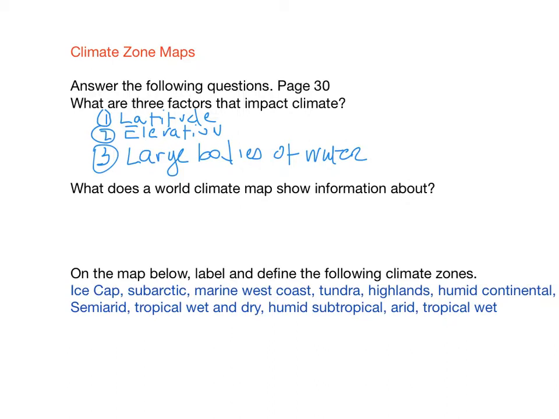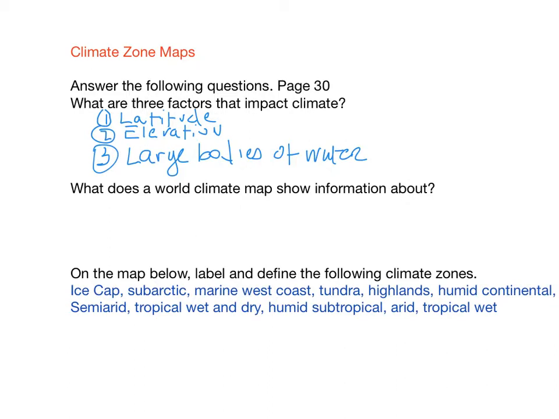Seattle gets rain over 150 days each year. We can also look at Italy. Italy has an unseasonably warm climate as a result of their location in the Mediterranean Sea. So when we're talking about what 3 factors impact climate, we should always remember latitude, elevation, and large bodies of water. Our next question says, what does a world climate map show information about?